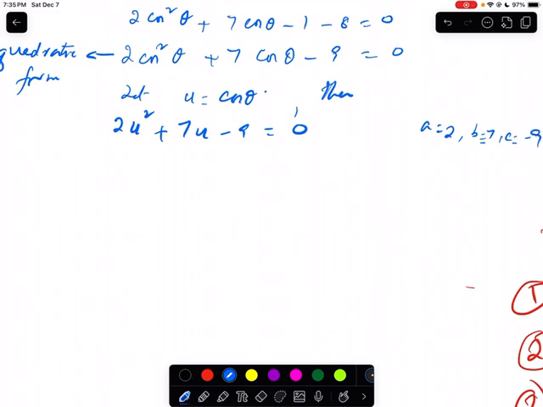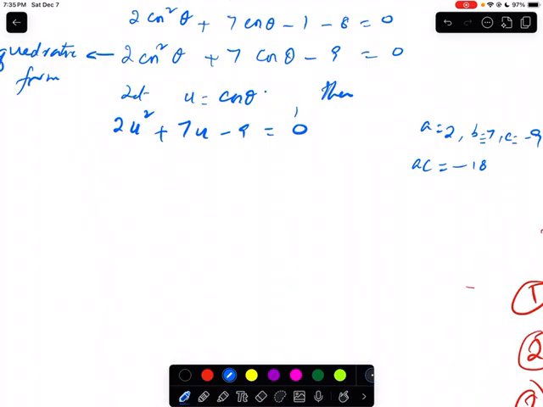So what do you do? You find AC. AC is negative 18. So you want factors of negative 18 that will add up to plus 7. Remember, 9 times 2 is 18 and 9 minus 2 is 7. Because you want the plus 7, the bigger factor will have a positive sign with it.